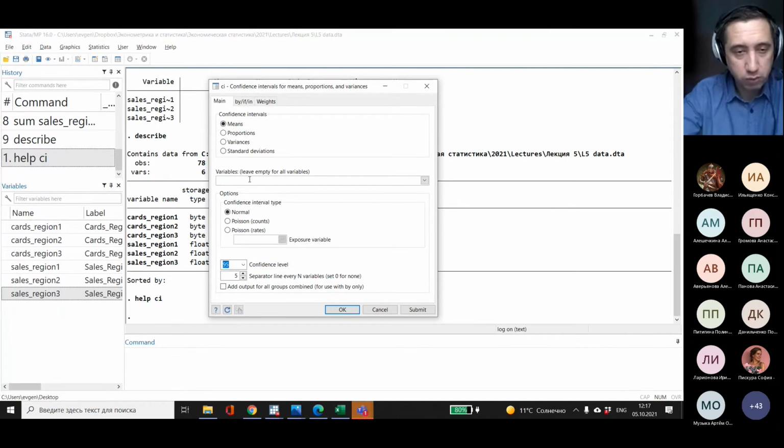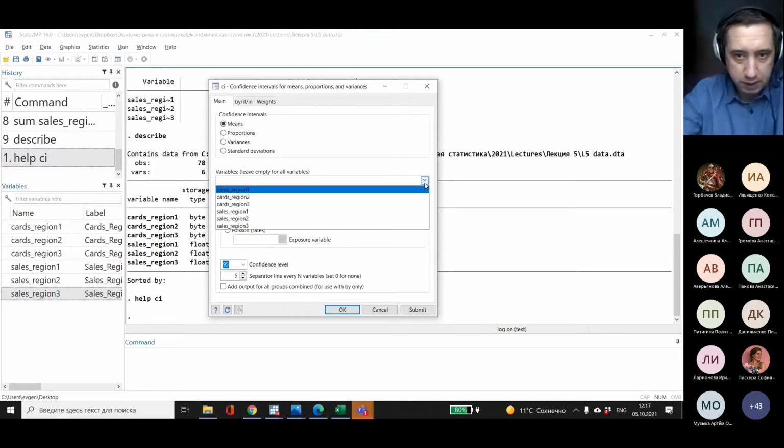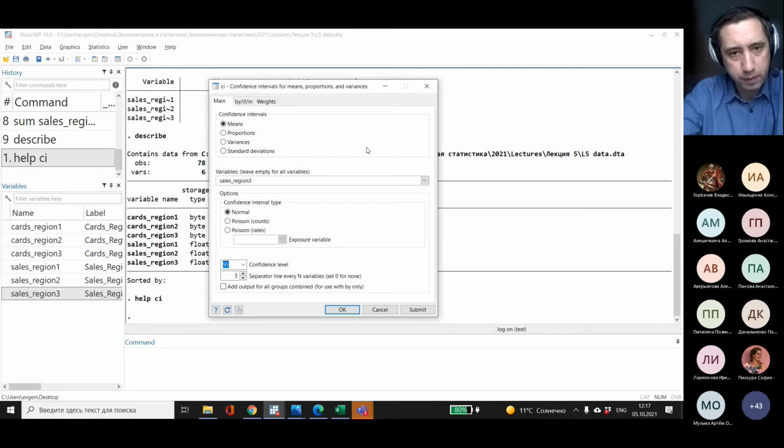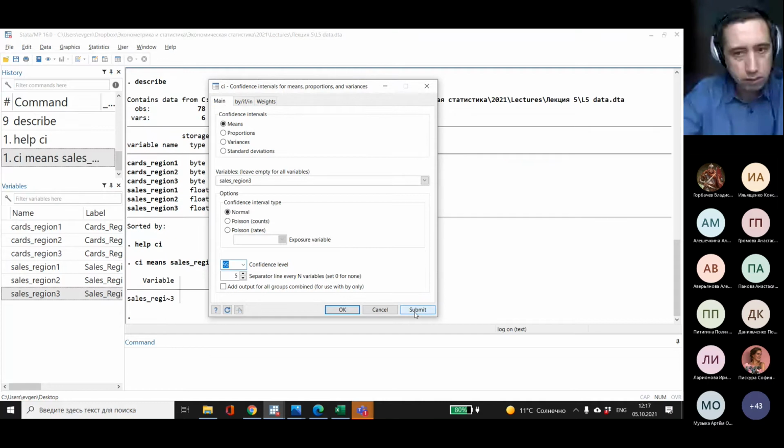Next, what variable do you want to use to calculate the confidence interval? Let's choose this one. Confidence interval type normal, as usual. And use a confidence level, it could be 95, 90, 99, let's set 95. Click submit.